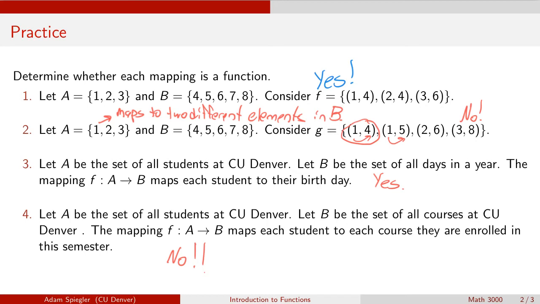If that's the case, that would violate the function relationship, since each student, if it's a function, should only be matched with one course. Since one student can take multiple courses, we could have one input being matched with multiple values in set B. So that would violate the requirement for a function.